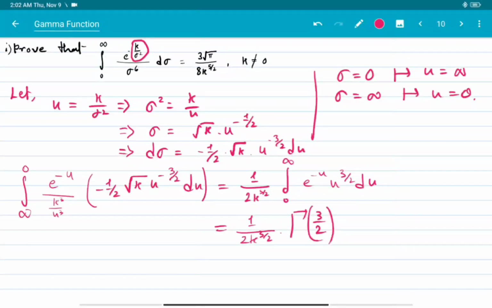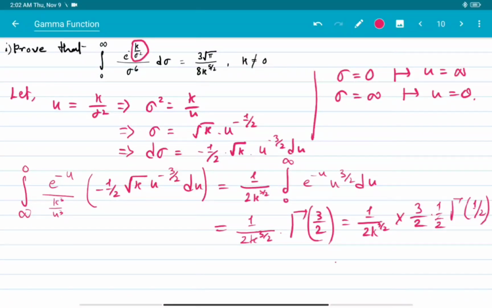If you split it out, you will find half of 1 over 2k to the power 3 over 2, times 3 over 2 times 1 over 2, gamma of half, right?